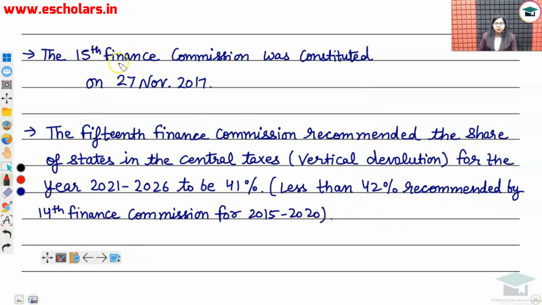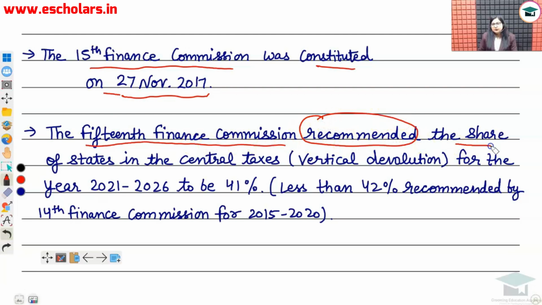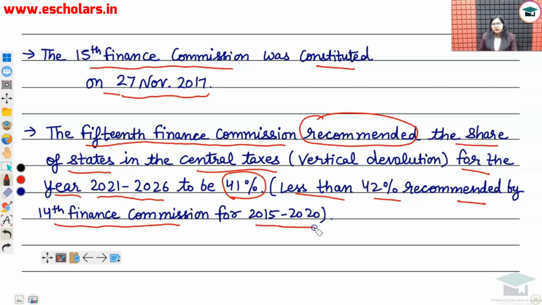Here we need to note some points. The 15th Finance Commission was constituted on 27th November 2017. And what did it recommend? The 15th Finance Commission recommended that the share of states in the central taxes for the year 2021 to 2026 is to be 41%, which was less than 42% recommended by the 14th Finance Commission for the years 2015 to 2020.